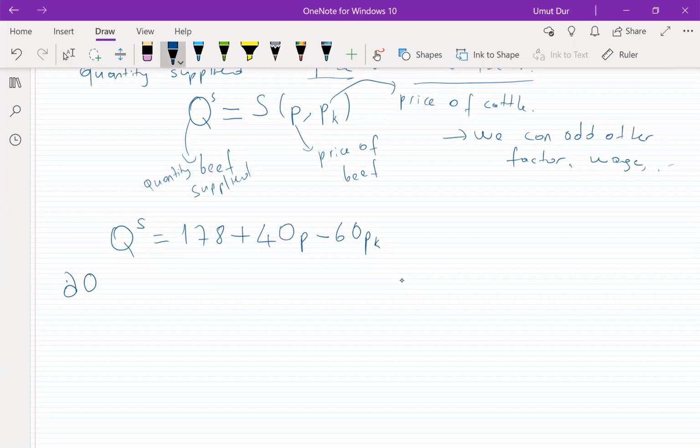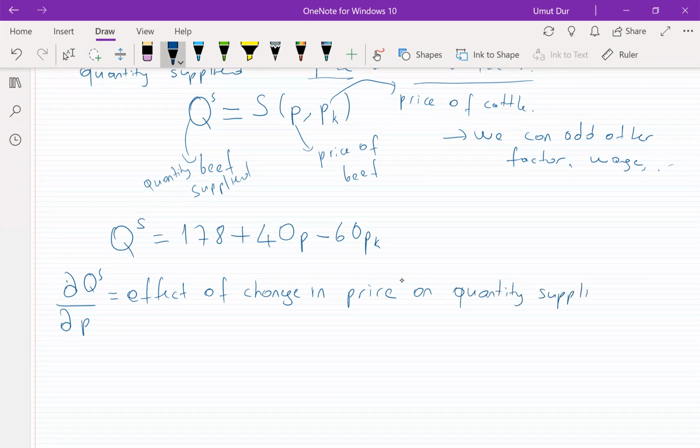Here dQS over dP is the effect of a change in price on quantity supplied.